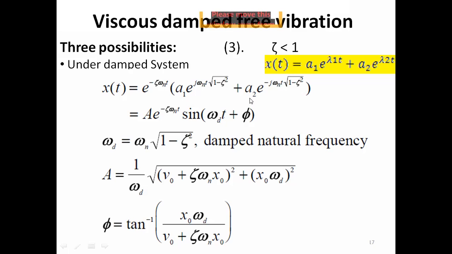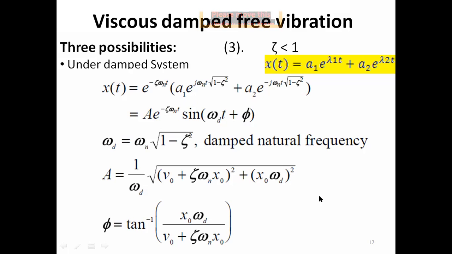Here we have two arbitrary constants, and in order to find them, we have to use the initial conditions. One arbitrary constant is A, and the other is phi.